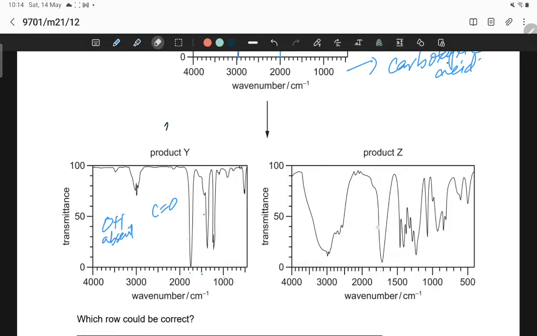Now the C=O peak is present, a sharp peak at 1500 to 1700, so that is of C=O according to the data booklet, and from 2500 to 3000 is the OH peak.